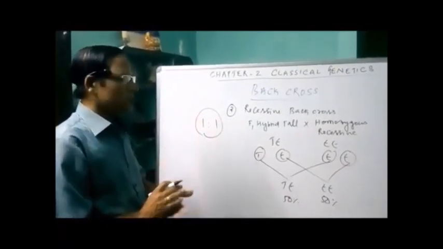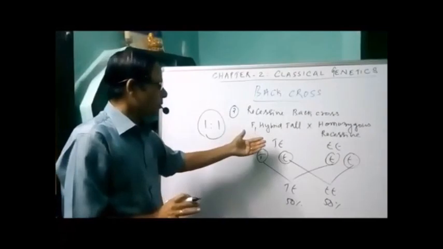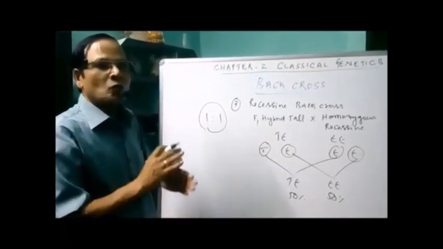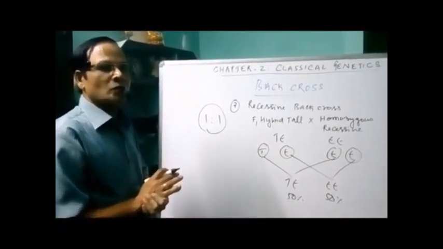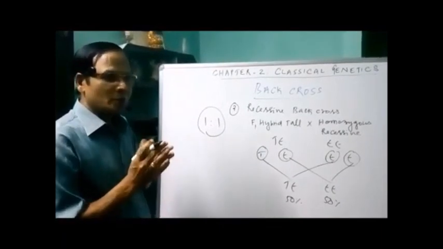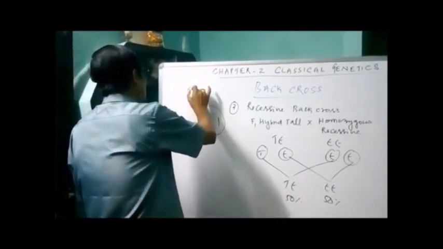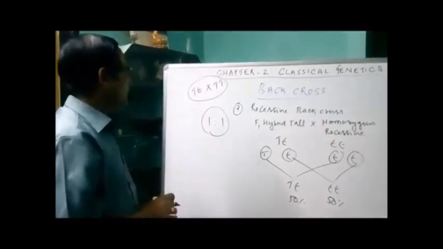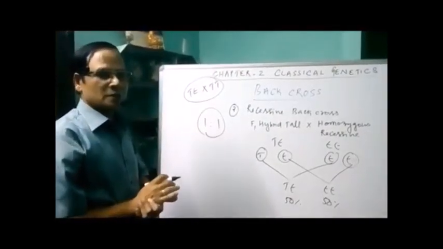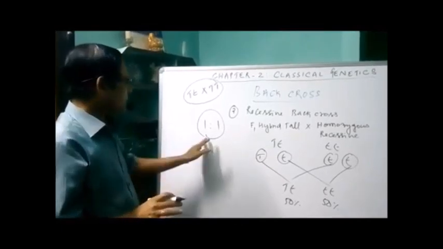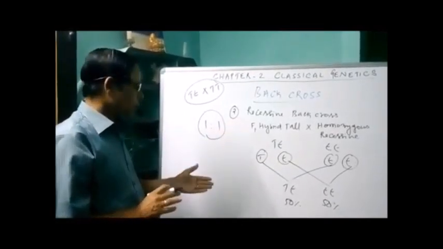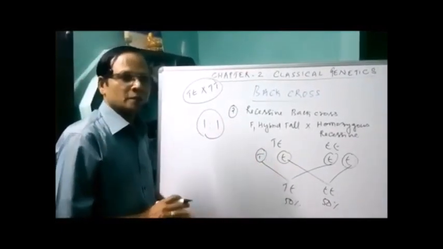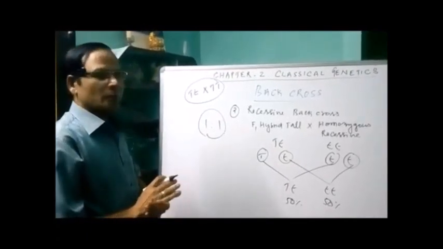But in the case of the previous one, there the homozygous dominant parent is involved, so you are getting all plants tall. That is called the dominant backcross. In dominant backcross, we are crossing the F1 hybrid with a homozygous dominant parent, and we get all tall. But in the case of recessive backcross, we have two different types of plants in the ratio of 1:1.